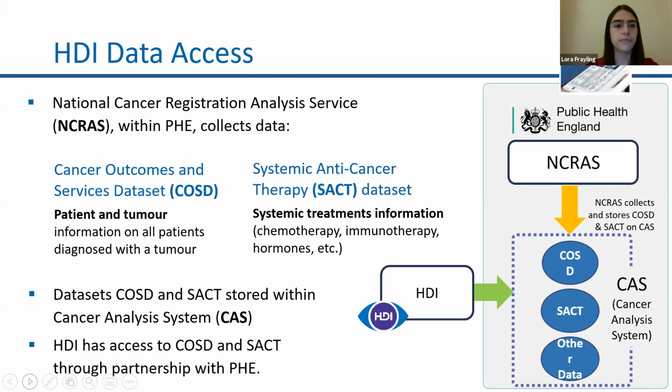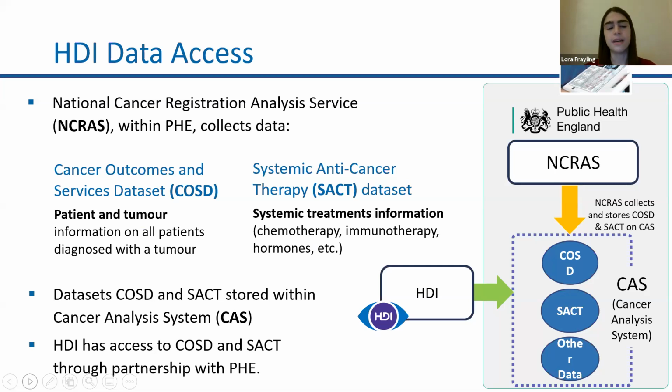The data that we're interested in is collected by the National Cancer Registration Analysis Service, or NCRAS, within Public Health England, and specifically 2 of the data sets that they collect. The first is the Cancer Outcomes and Services dataset, or COSD.